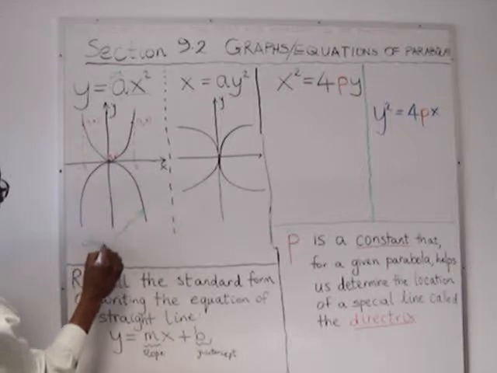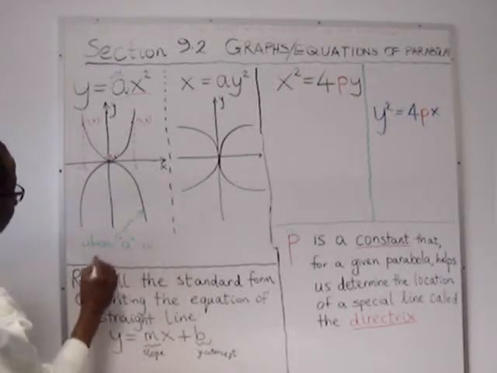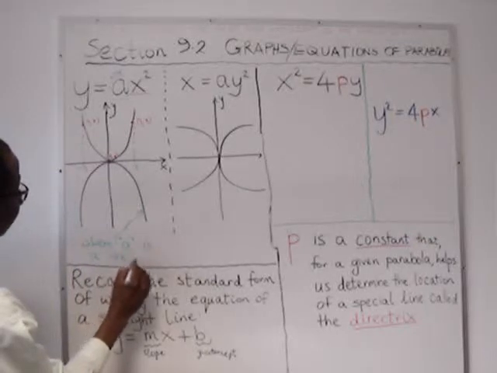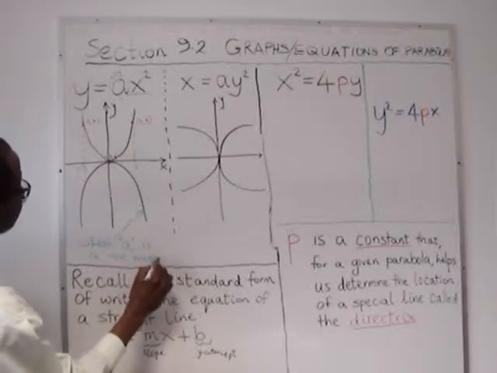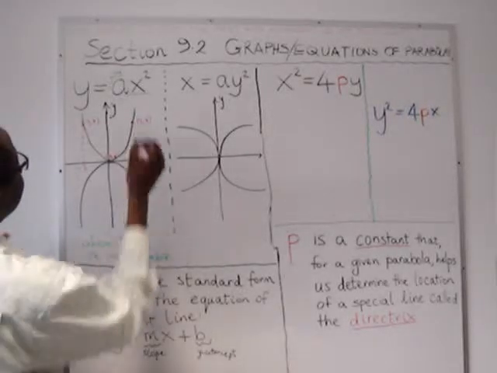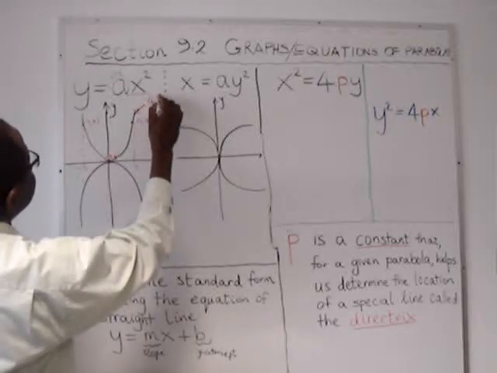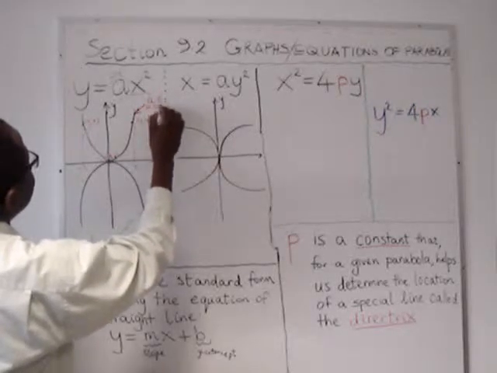So this is the case where a is a negative number. Whereas the first one, facing up, is where a is a positive number.